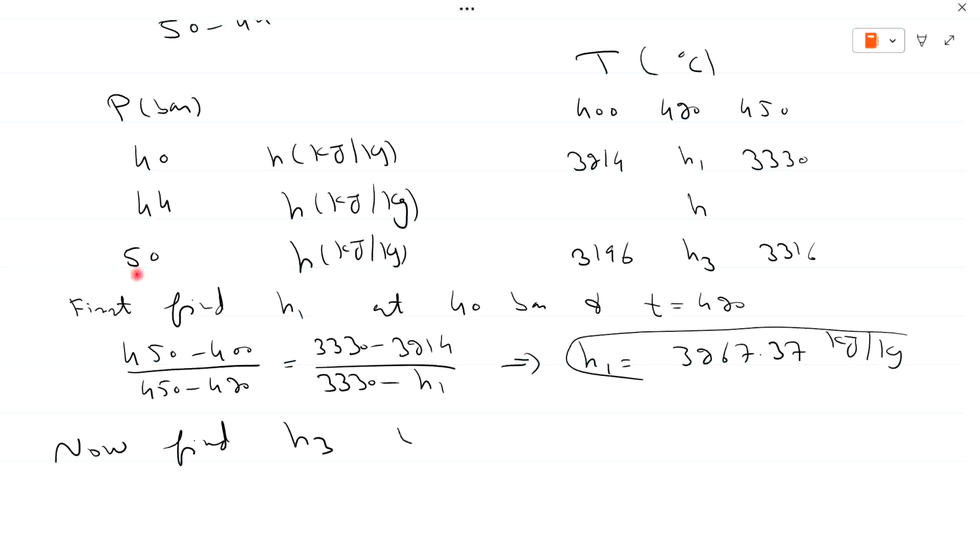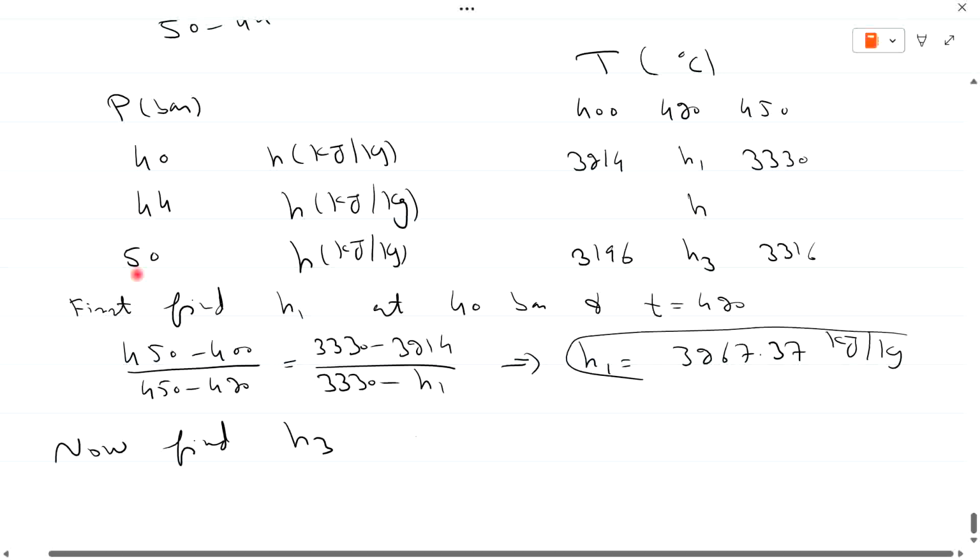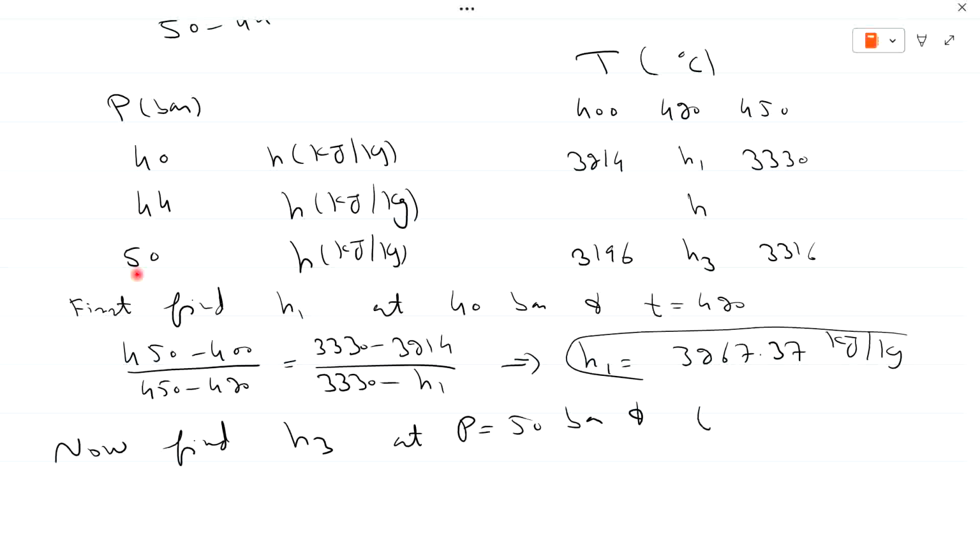Now find H3 at pressure equal to 50 bar and temperature equal to 420 degrees centigrade. So interpolate between 400 and 450.